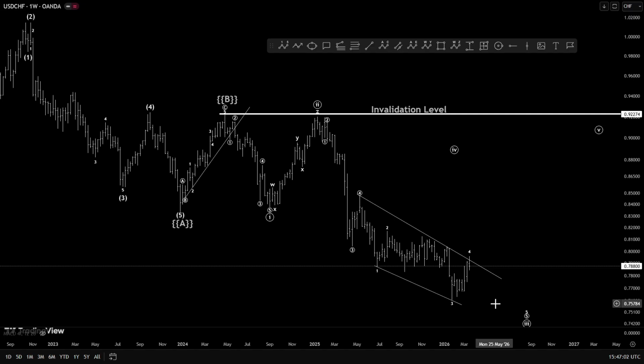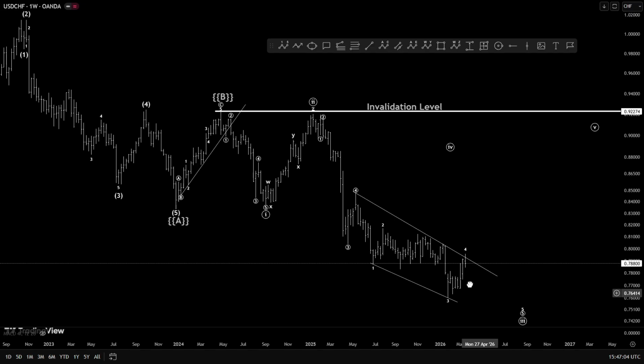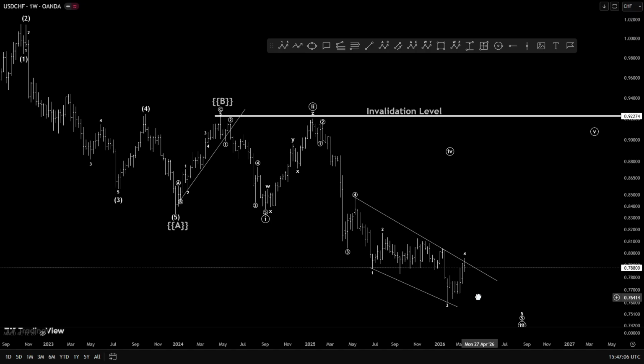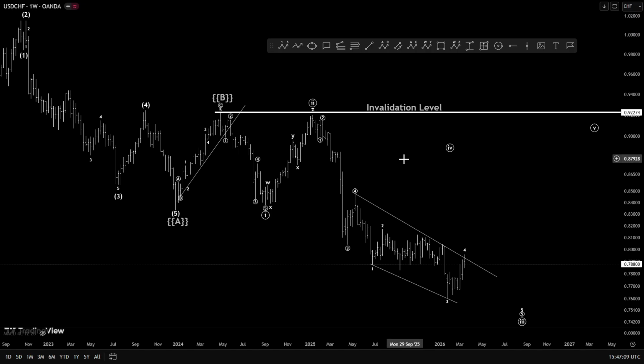This is where we are right now, which means we just finished with 3, with 4, and we are having a diagonal pattern: 1, 2, then we have 3, and we have 4 around here, then we are going 5 with 5 structure, and with 5 should be below.